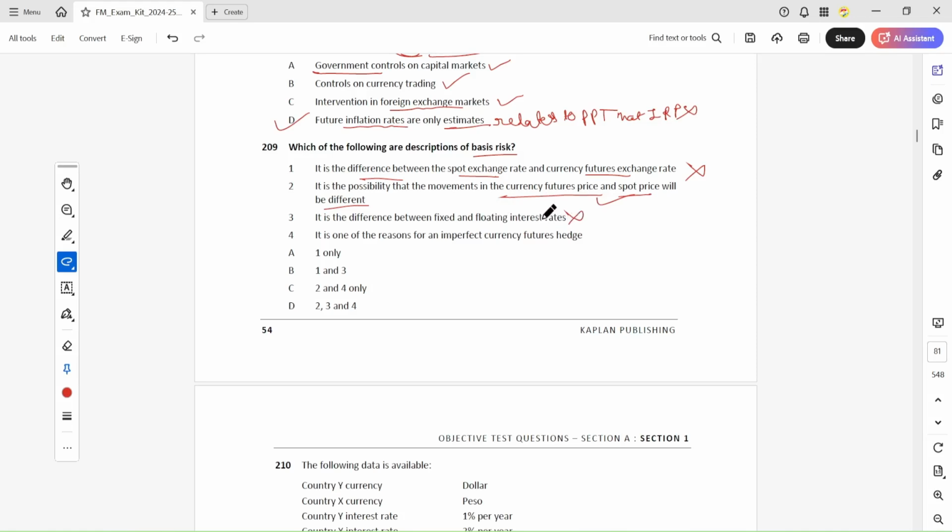No, it is nothing related to fixed and floating interest rate. It is one of the reasons for an imperfect currency future hedge. Yes, due to the imperfect hedge, the basis risk may not equal the spot rate. So 2 and 4 is the correct answer.